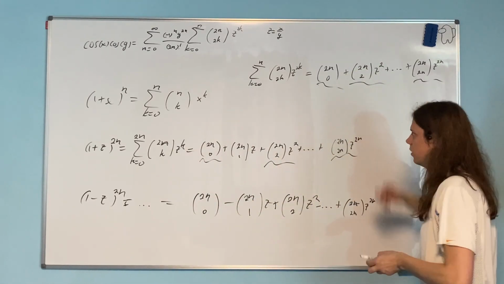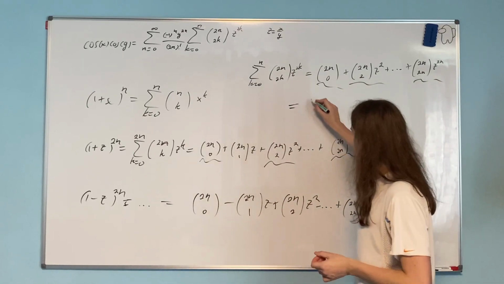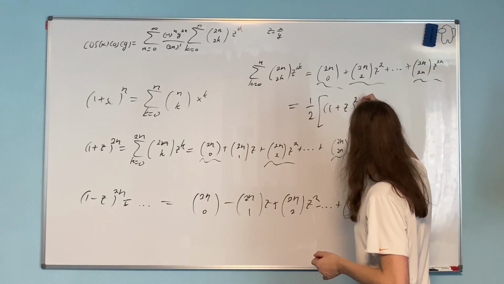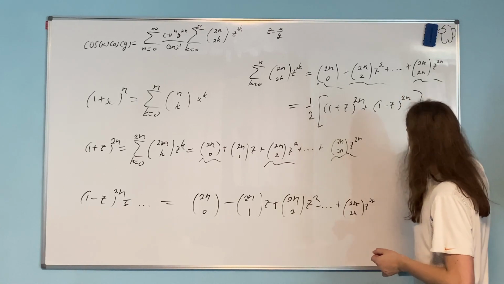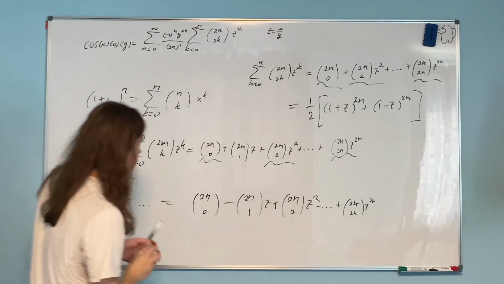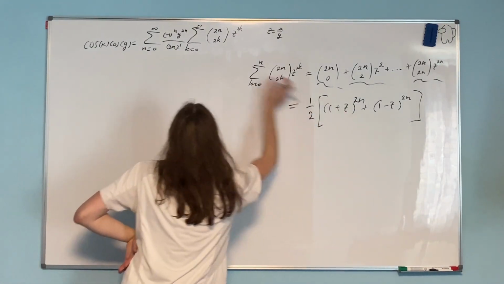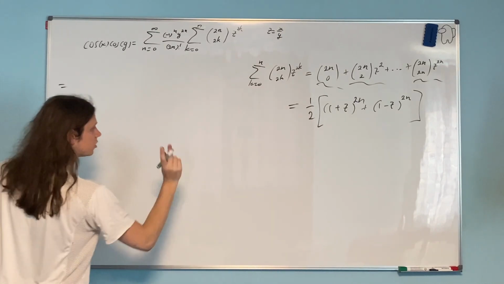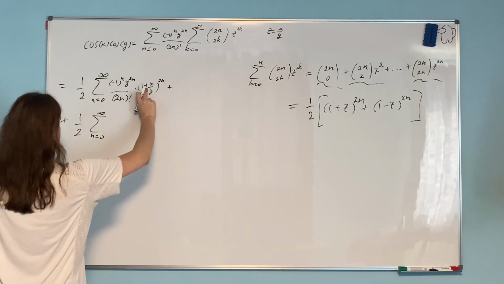Well, 2 times this. So what we have is that this sum that we want is 1/2 of 1 plus z to the 2n plus 1 minus z to the 2n. And this trick will pretty much just finish the rest of the proof for us. So, taking this expression and putting this here, we have that cosine x times cosine y gives 2 sums, and another sum, just the same thing except minus here.